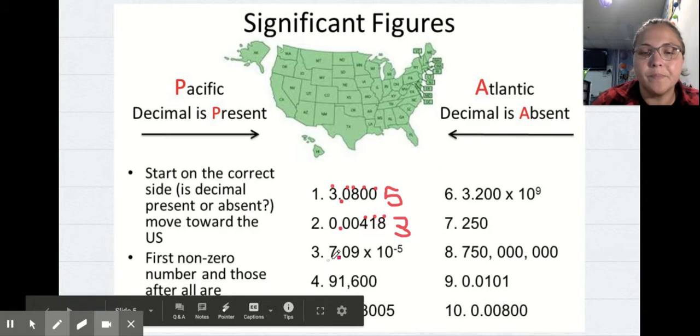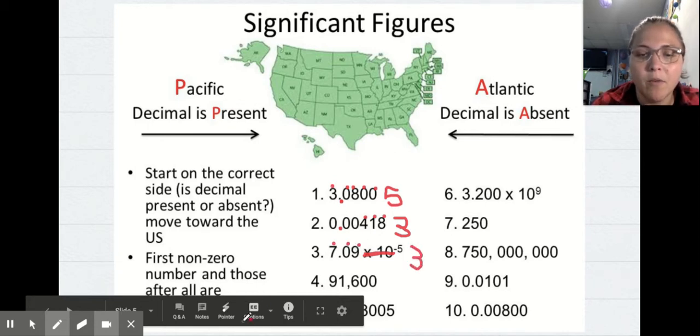Okay, here, decimal is present. I'm going to start at the first number that's not a 0 and count everything after it. 1, 2, 3. Now, this is scientific notation. When we use scientific notation, we're going to only leave the significant figures. So I don't worry about this part, but I am going to count all these digits. So 1, 2, 3.